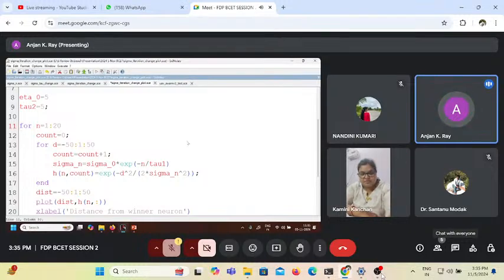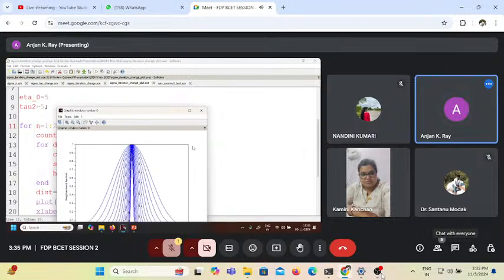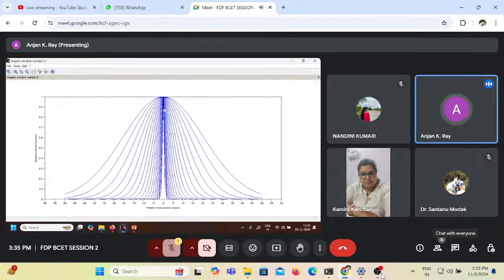You will see that gradually my neighborhood is shrinking and concentrating towards 0. It means that after a certain time, the training will be concentrated on the winner neuron itself. But it does not happen in a single shot, rather gradually.